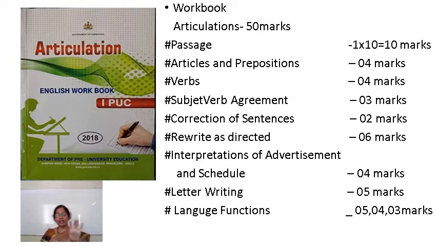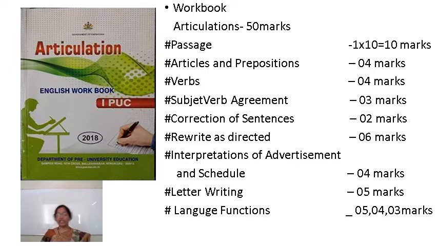This part, interpretation of advertisement and schedule, again it is unseen, unknown. They can give you an advertisement, or they can give you a schedule. Schedule means TV program schedule, or maybe any function schedule, or maybe railway schedule, or airplane schedule.